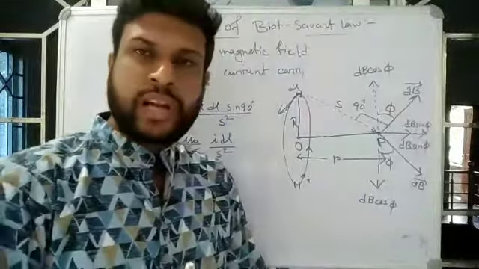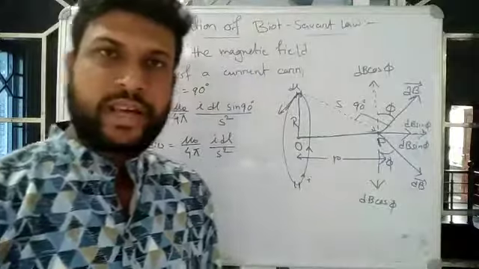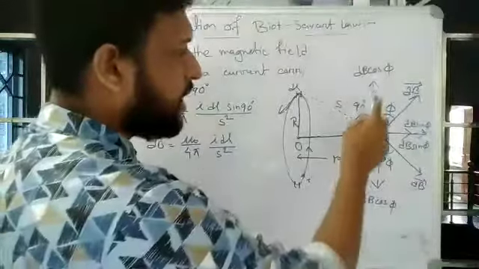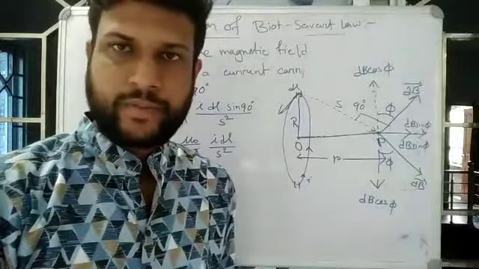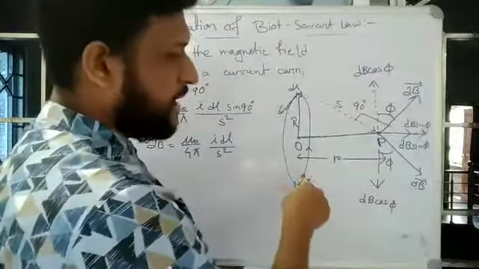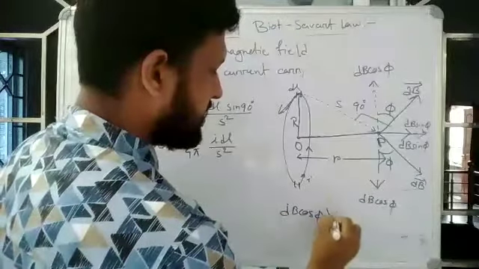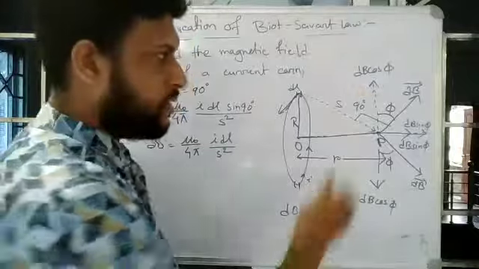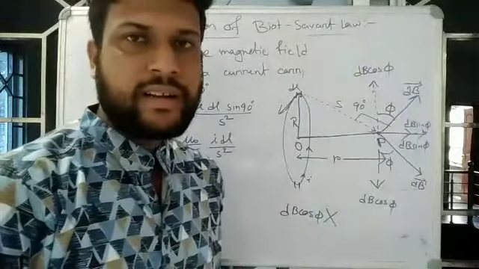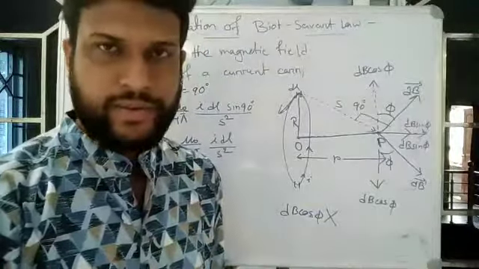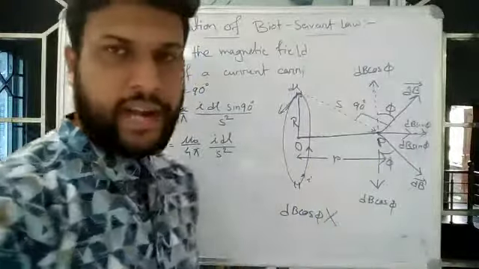When we complete all the resolving of the vectors component-wise, you will get equal and opposite components of dB cos phi for every pair of dL. Okay, so for this pair we can say that the dB cos phi components cancel each other because they are in opposite direction, and dB sin phi components are in the same direction, so they will be added. Understood my point? So dB sin phi will be added.